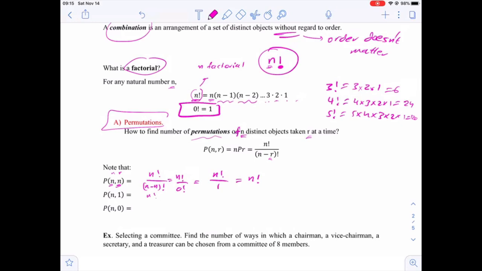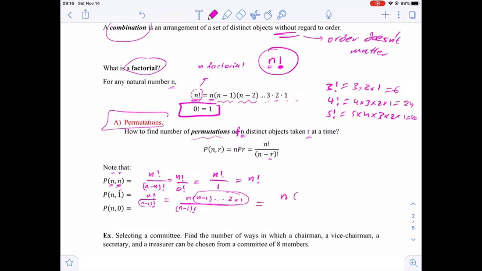P(n, 1) is n factorial over n minus 1 factorial, since r in this case is 1. Now we rewrite it this way. To simplify the numerator, n factorial is n times n minus 1 down to 2 times 1, so this is n times n minus 1 factorial.